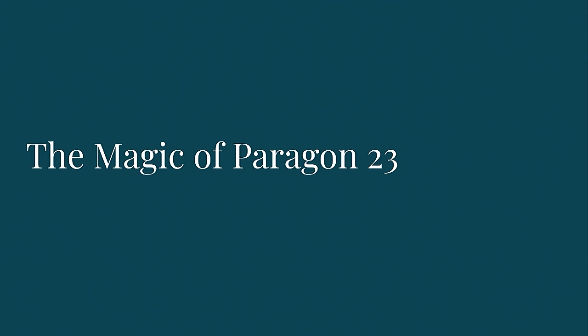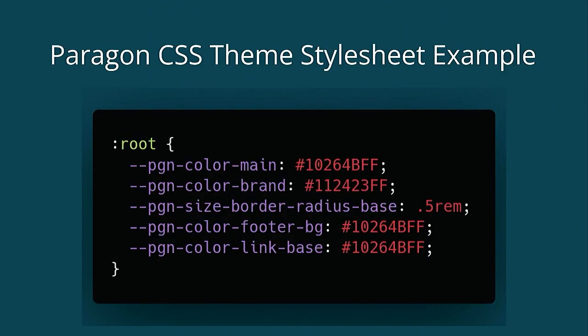Paragon 23 is the release that brings all of these things together, and it's a truly magical release. I think it's one of the most significant releases of Paragon since maybe the beginning. Here's an example of what a style sheet could look like that could change these 5 variables.